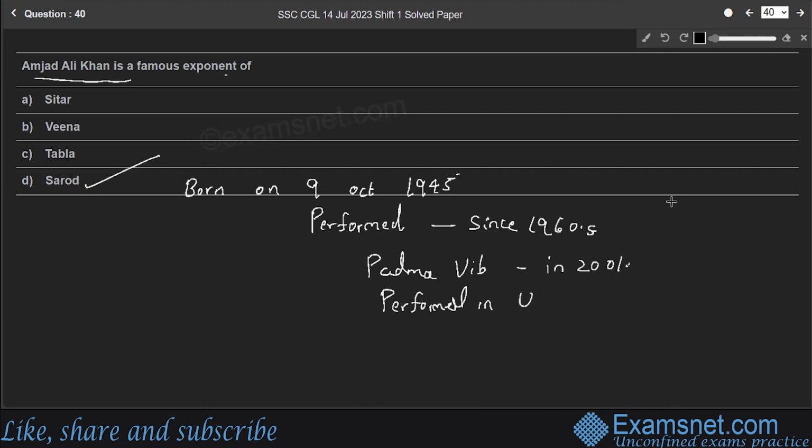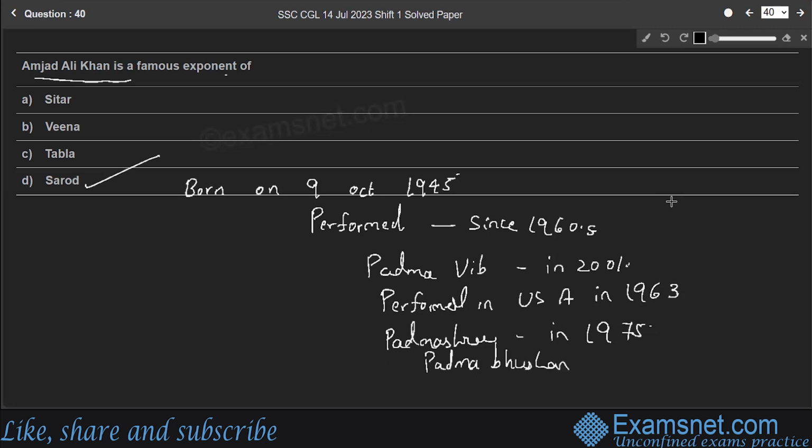He was awarded the 21st Rajiv Gandhi National Sadbhavana Award and he received Padma Shri in 1975, Padma Bhushan in 1991 and Padma Vibhushan in 2001, right? For this question, option D is the right answer.